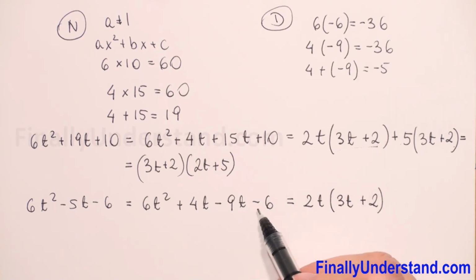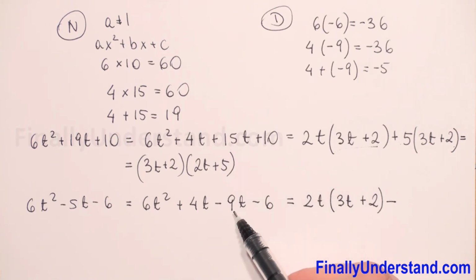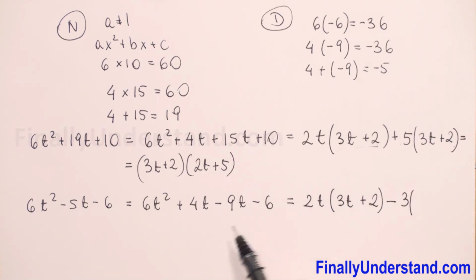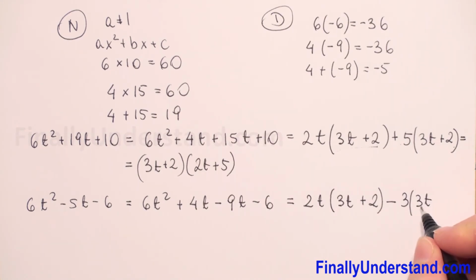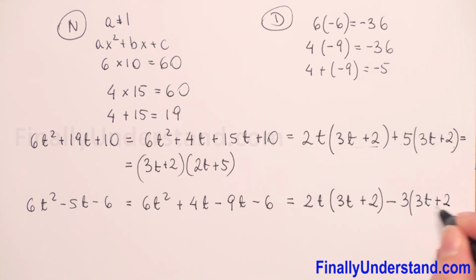So next we have negative and negative, so we copy the negative sign, and the greatest common factor for 9 and 6 is 3. And in parentheses, what will be? I have to multiply 3 by 3t to get 9t. And we have 6, so I have to multiply 3 by 2 to get 6.